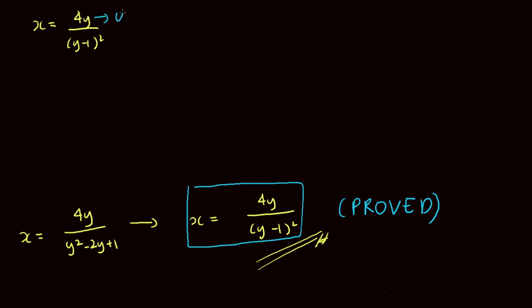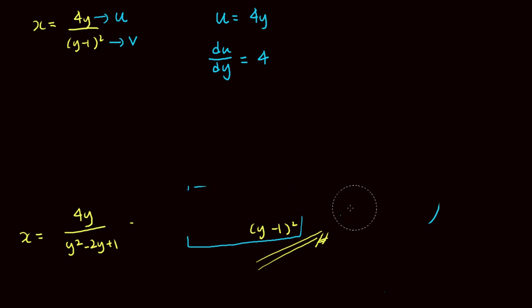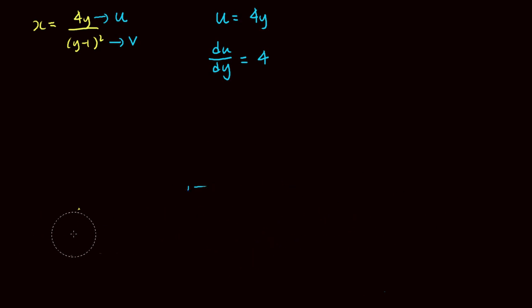I'm going to split it in terms of u and v. So u equals 4y, and du/dy is equal to 4. Let me erase this real quick to make some space. And v is equal to (y minus 1) squared.